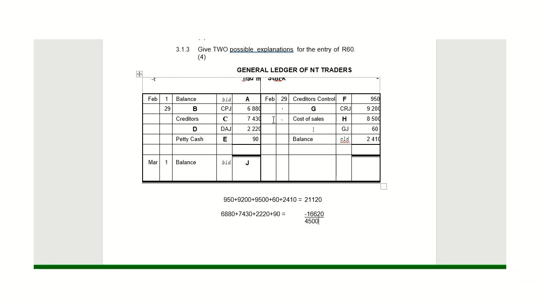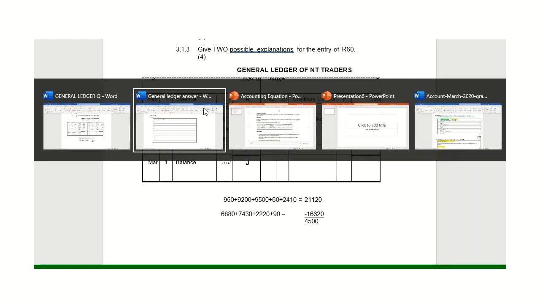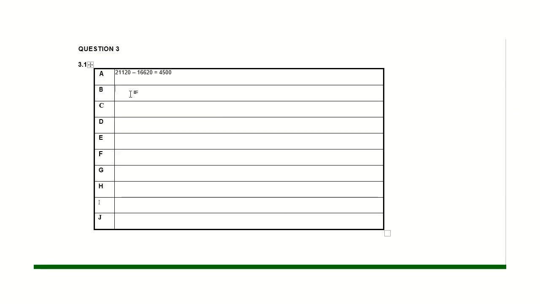And we can buy it cash, which means CPJ, or credit, which would be CJ. So this was cash purchases, CPJ. CPJ, opposite account, because that is what we want for B. What is the opposite account? Always bank. So B would be bank.